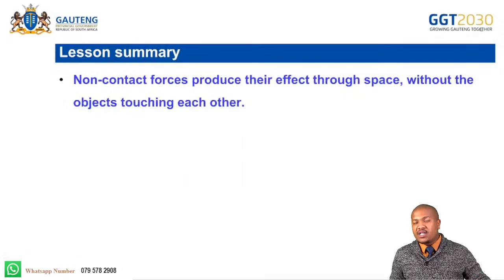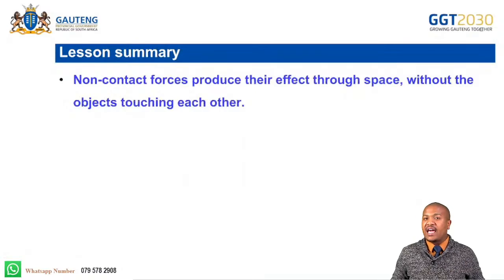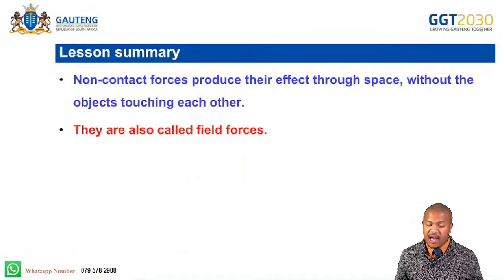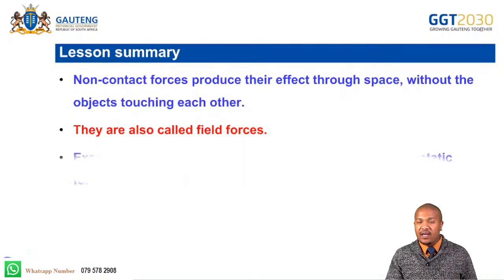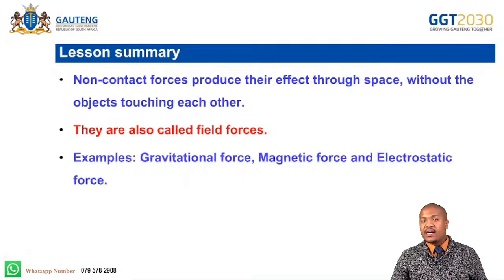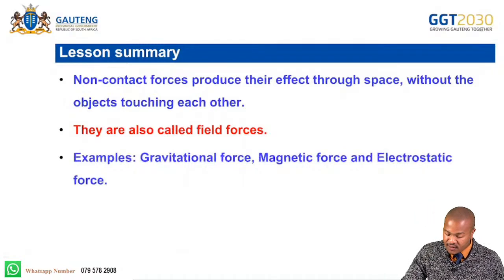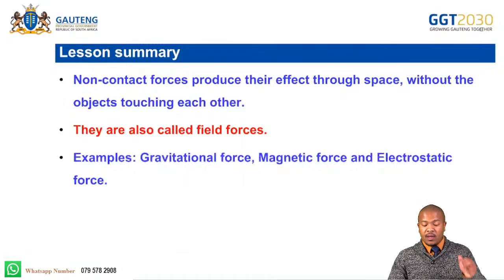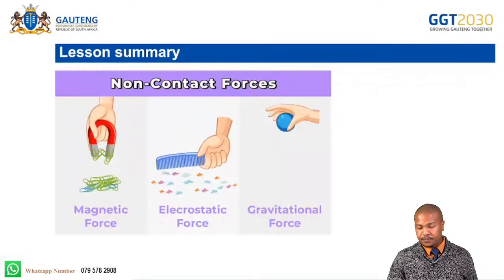They produce their effect through space, they act over a distance, without the objects touching each other, right? And these non-contact forces are also called field forces. Examples of these non-contact forces are gravitational force, magnetic force, and also electrostatic force, right?